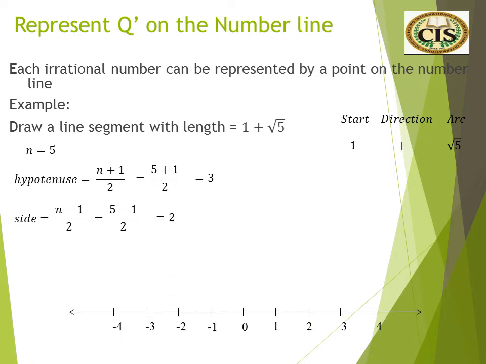We draw the right angled triangle, starting from 1. Draw a perpendicular line equal to 2 centimeters, open the compass to the hypotenuse, 3 centimeters, and draw the arc that intersects the number line at 1 plus root 5.